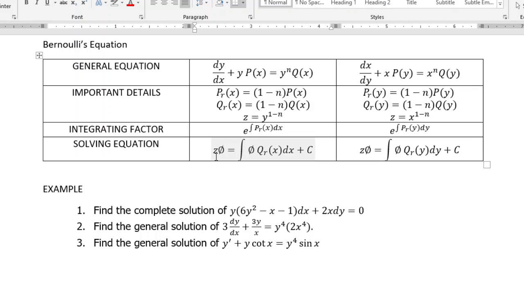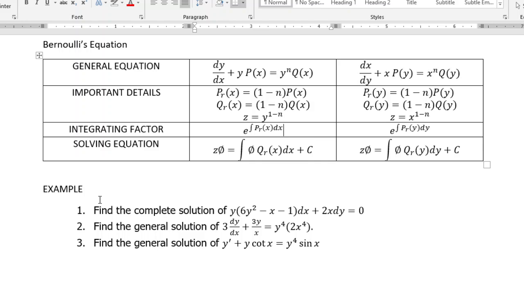And then, magiging solving equation natin, z times p will be equal to the integral of p times QR of x, dx plus c. And z times p is equal to the integral of p multiplied by QR of y, dy plus c.